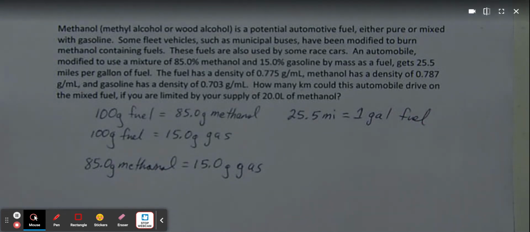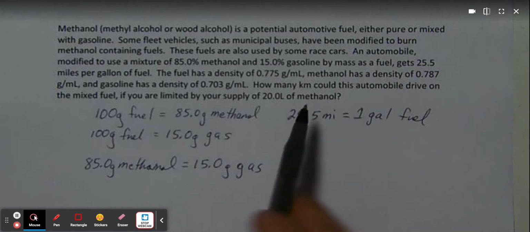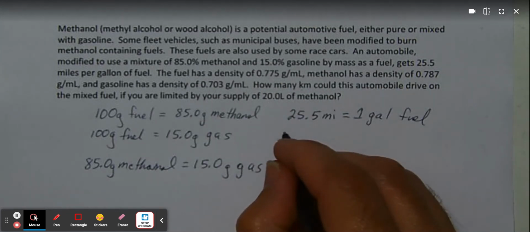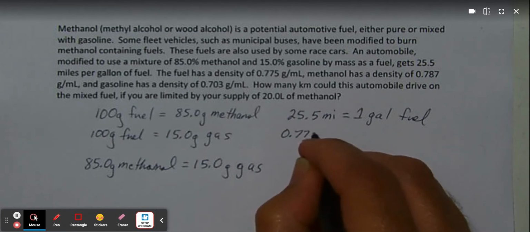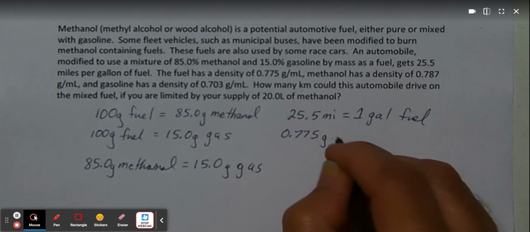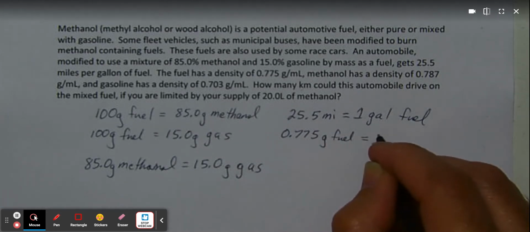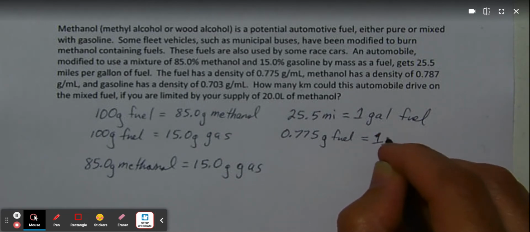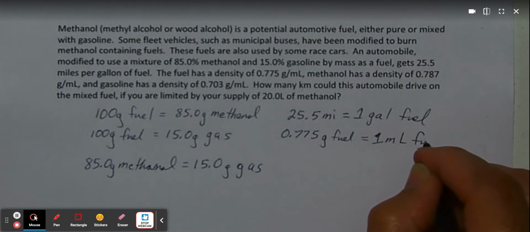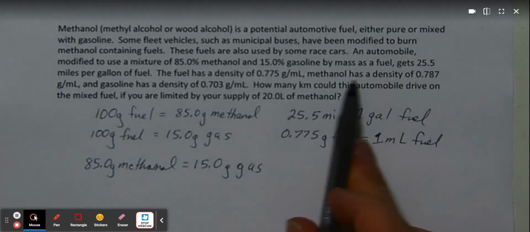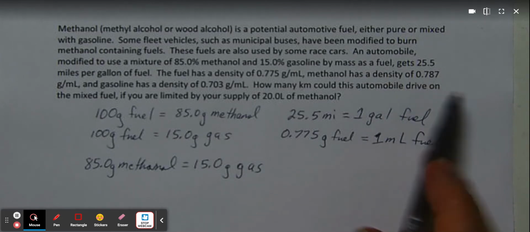And then we have the densities. The density of the fuel means that 0.775 grams of the fuel equals 1 milliliter of fuel.